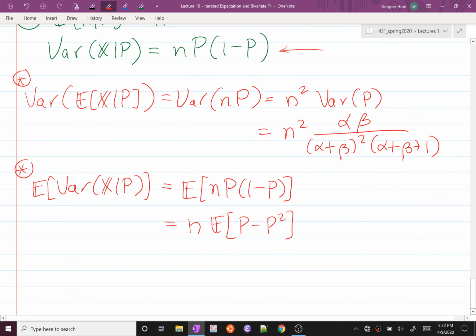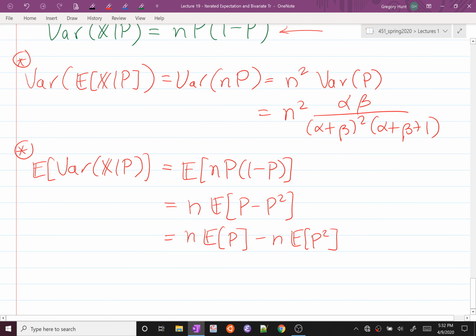I can, of course, distribute expected value over this minus sign, so it's n expected value of p minus n expected value of p squared. And you have to look up the moments for a beta random variable. We know the expected value. You'd have to figure out the second moment, which of course you could calculate given the variance. In this case, I'll save you the algebra to figure this out.